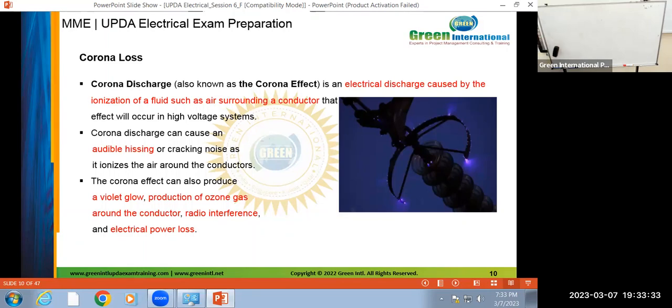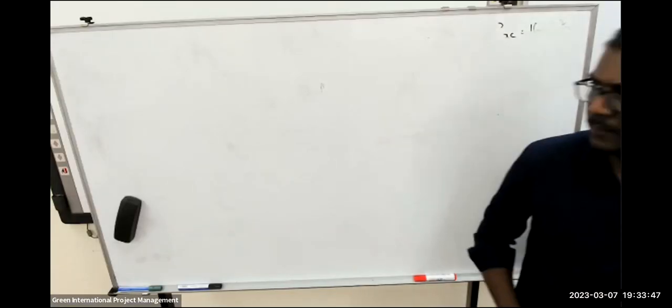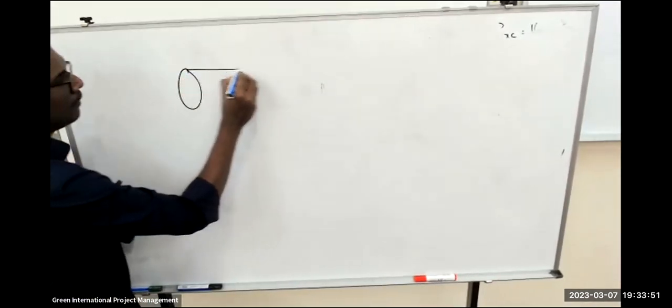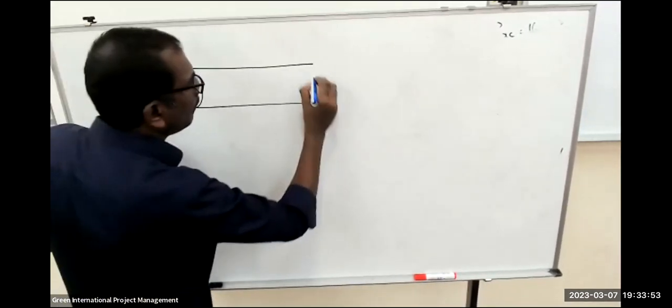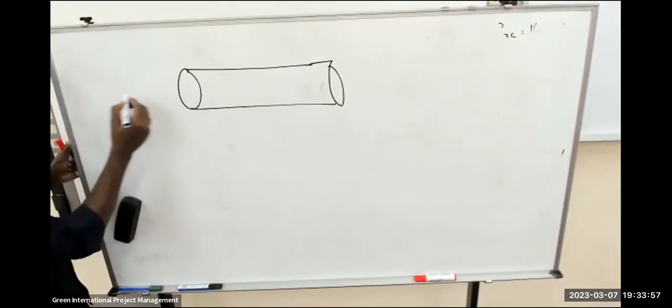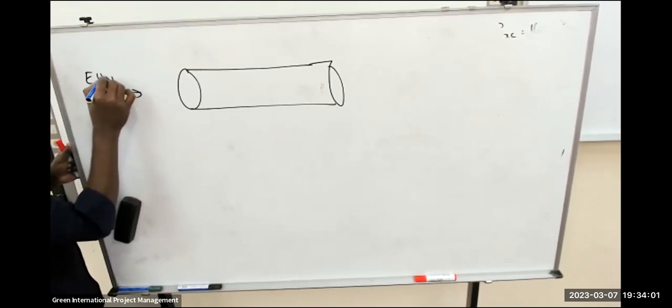If the conductor carries EHT voltage, then the corona loss will occur. So the conductor carries EHT voltage.